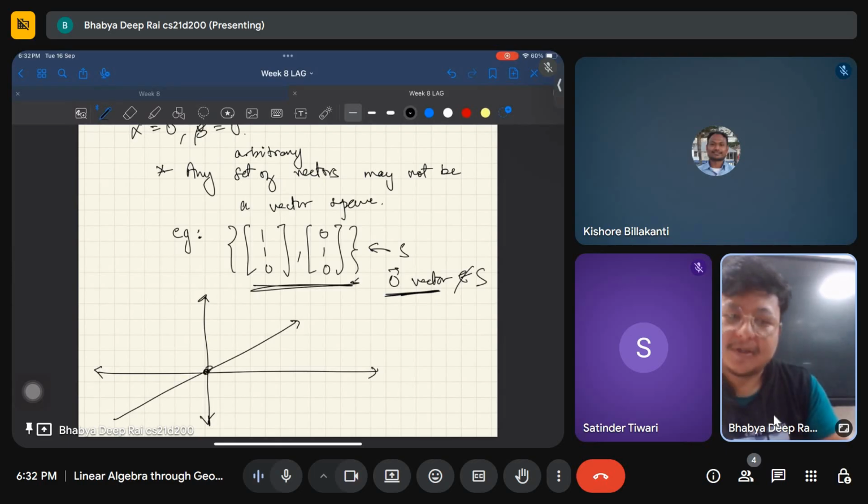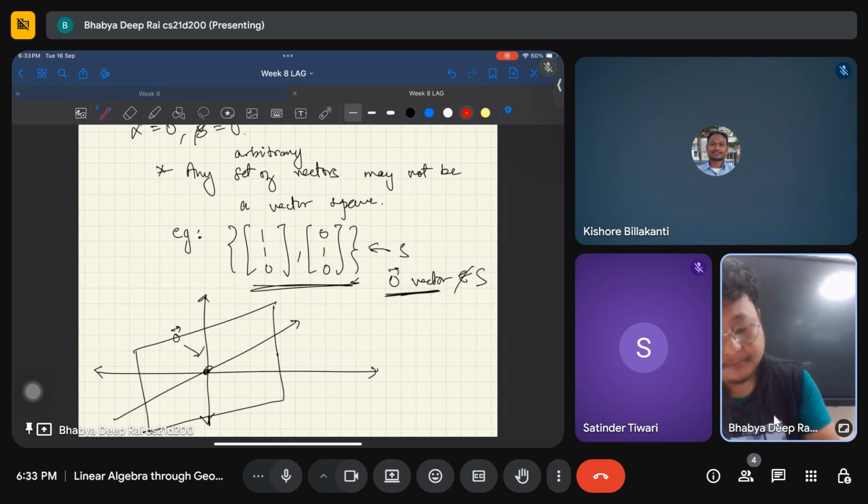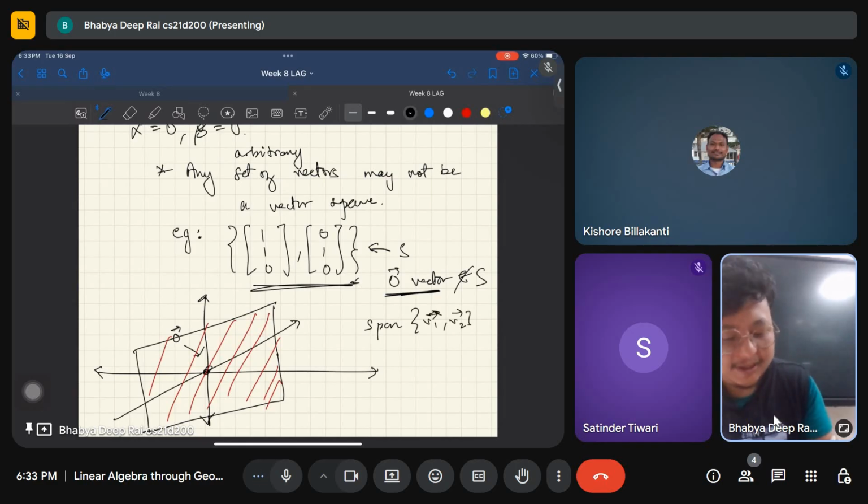It must pass through the origin, because that is the zero vector. So if I have a set of vectors represented by a plane, it needs to pass through the origin. This is an important thing. But if I take a span of v1, v2, it will definitely pass through the origin, because I can always do 0 v1 plus 0 v2. This will always give me the zero vector.